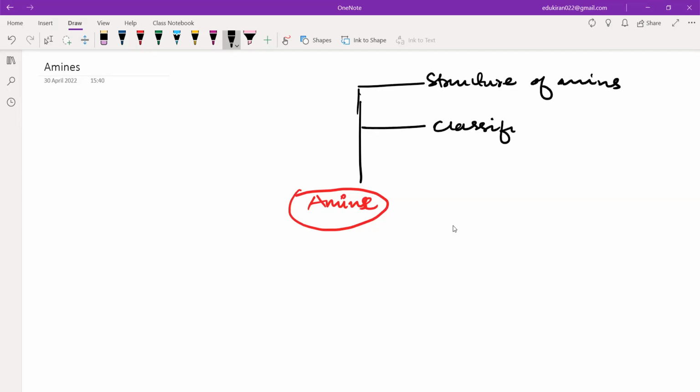Then you can add that nomenclature is also there. Then you will have physical properties.